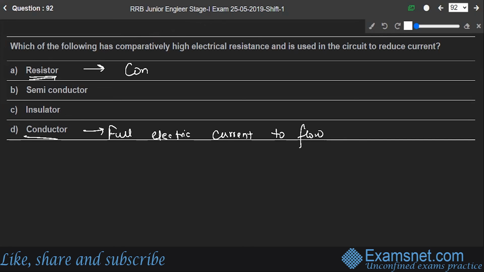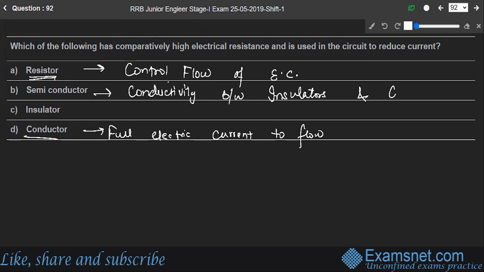Resistors control this flow of electric current. And semiconductors have conductivity between the insulators and the conductors. So the resistivity depends on the semiconductor.